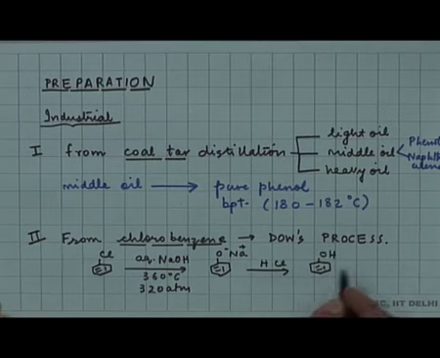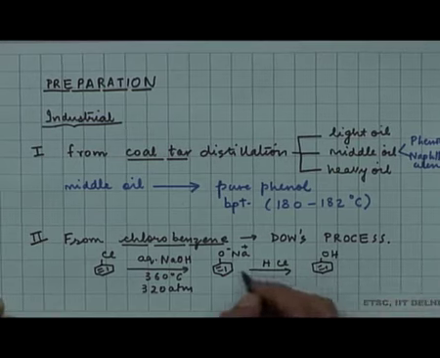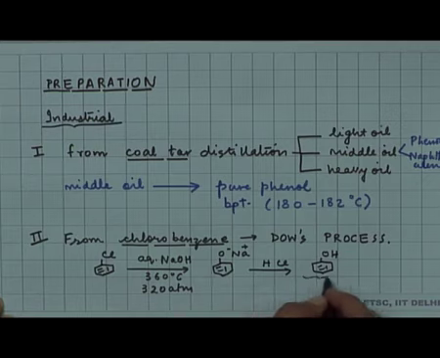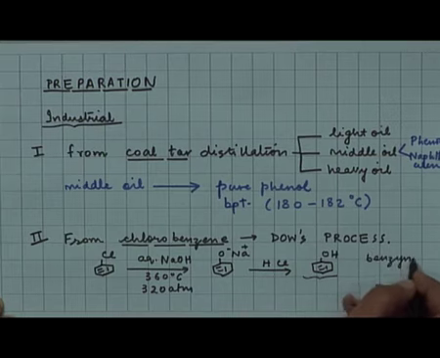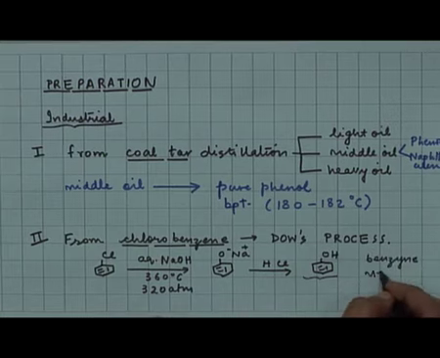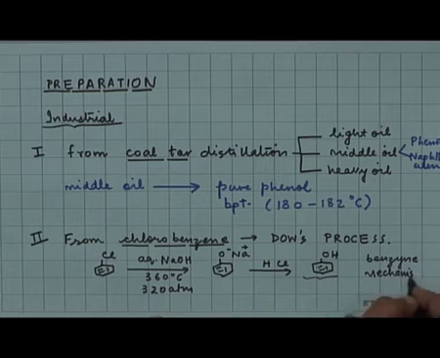So, this is called the Dow process, and in this the formation of the phenol is believed to occur via a benzyne mechanism. I am sure you must have studied the benzyne mechanism, the elimination addition pathway.